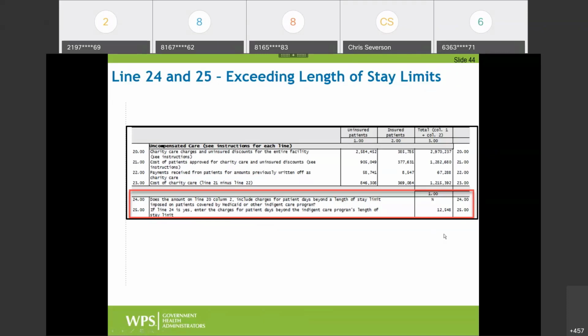We proposed to do away with all of these lines, 24, 25, and the new 25.01, and simply split the claim between the two columns. Or if they really want to subscript line 20 into different categories of charity care, we propose they do that. We think it'll be a lot simpler than this current mechanism, but ultimately it'll be up to CMS to determine what they propose or finalize.